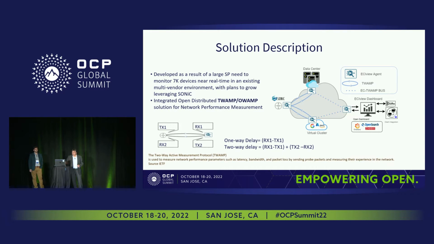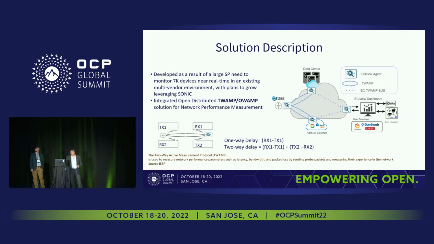So we came up with a platform that'll allow you to deploy a TWAMP on SONiC as a container. And then on top of it, most of the OEM products today support TWAMP and TWAMP Lite. So you can manage both environments, SONiC and or new, and the legacy just by configuring TWAMP capability.